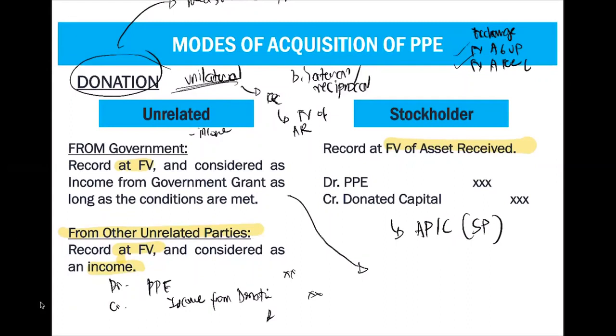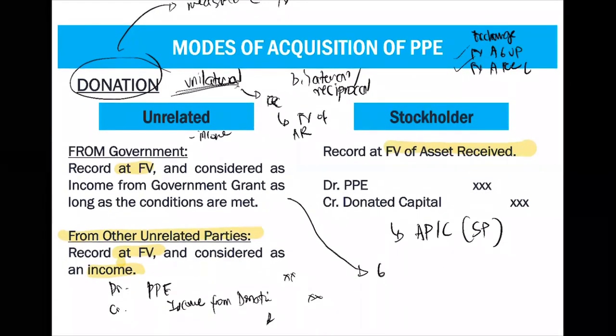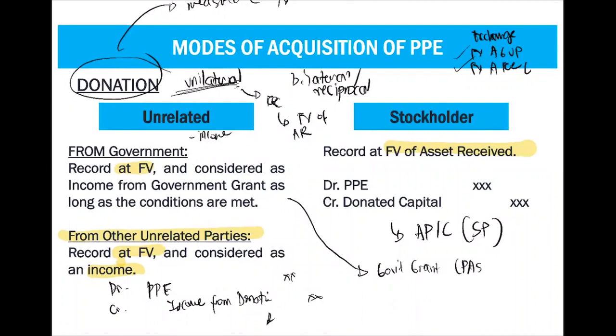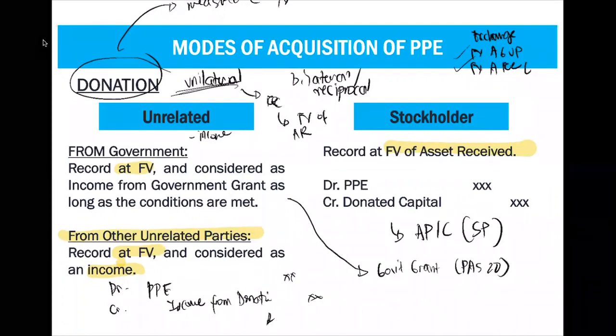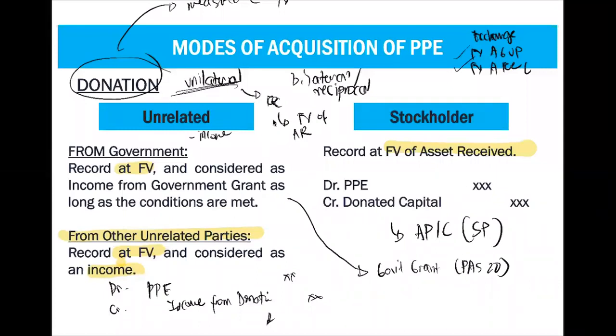So remember, if that is a government grant, what is the standard again for government grant? Government grant is governed by standard PS 20. PS 20, government grant. So under government grant, when do we measure it?